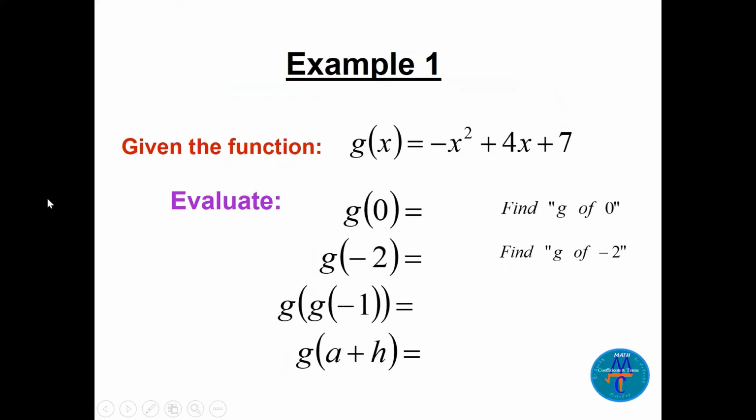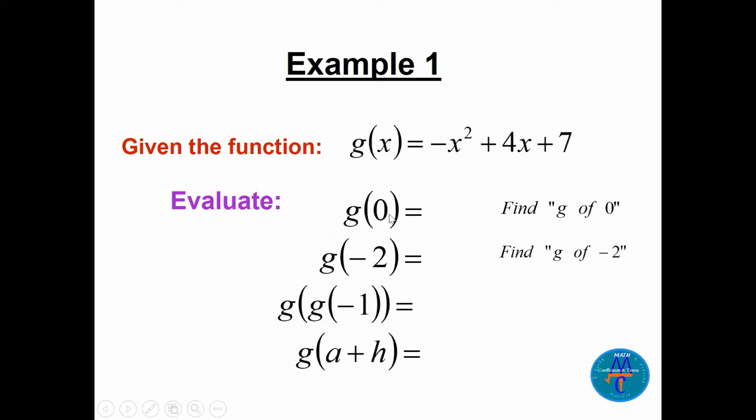Now let's see example 1. We have a function g of x equals x squared plus 4x plus 7. Evaluate, find this. How do we read this? I put it for you here. G of 0, g of minus 2, g of minus 1, g of a plus h.